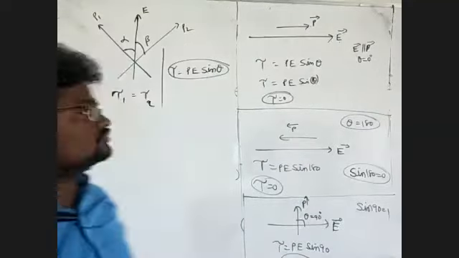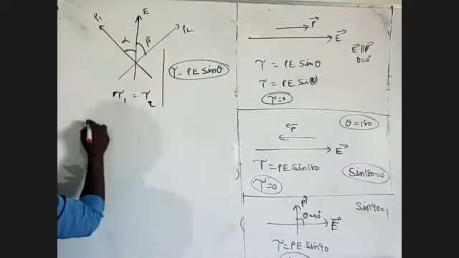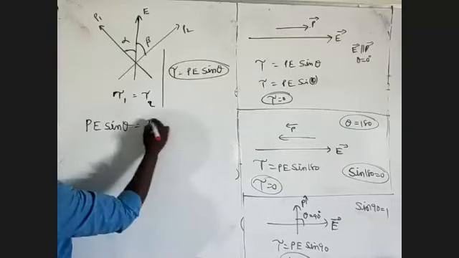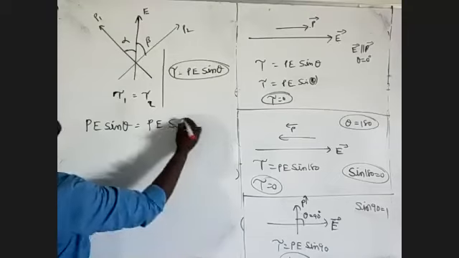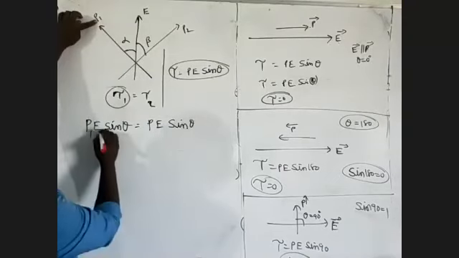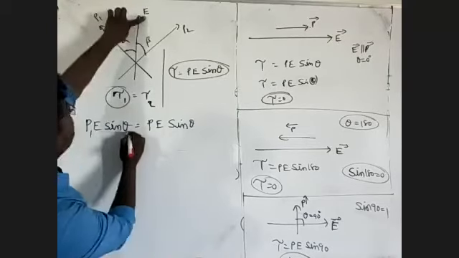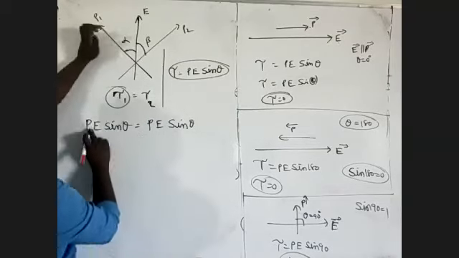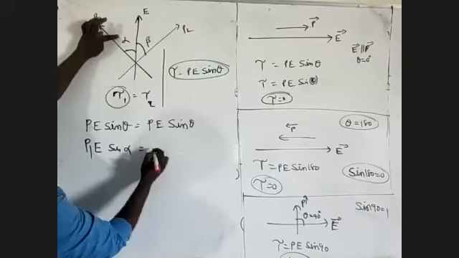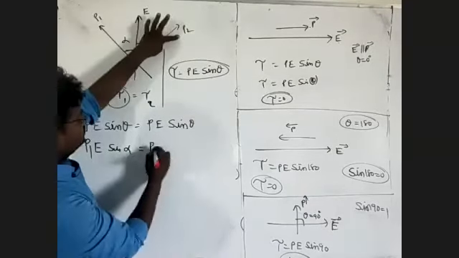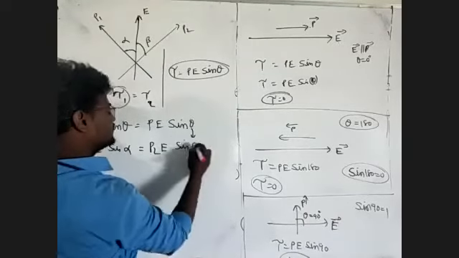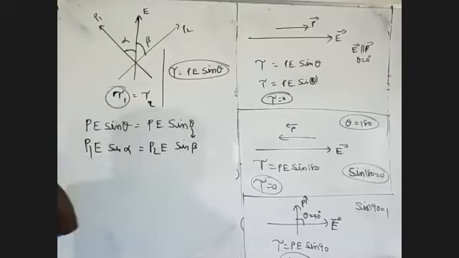Now tau means PE sin theta. T1 means P1 E sin alpha, where E is the electric field, which is the same for both, and theta here is alpha. T2 means P2 E sin beta, where the electric field is the same and the angle here is beta.